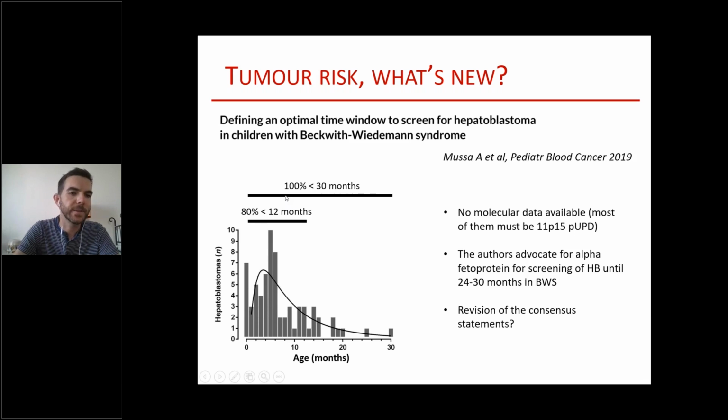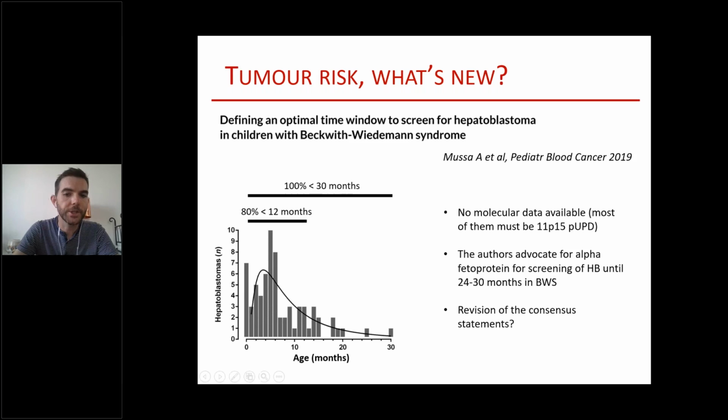And they showed that all the hepatoblastomas in BWS occurred before the age of 30 months. So these two teams advocate for alpha-fetoprotein screening for hepatoblastoma until the age of 24 or 30 months in BWS.